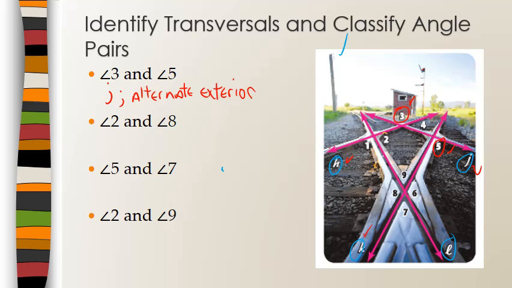Well, if I've got angle 2 and I've got angle 8, then I'm going to say that the transversal is line L. And if L is the transversal and it's cutting through lines H and K, all right, so 2 and 8 are both on the inside of H and K, and they're on opposite sides of the transversal, so they must be alternate interior. Okay, so this is not too bad.